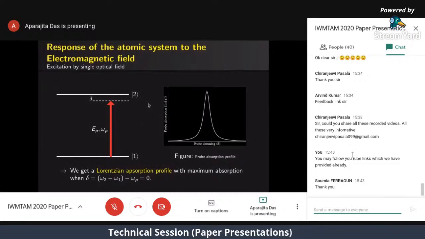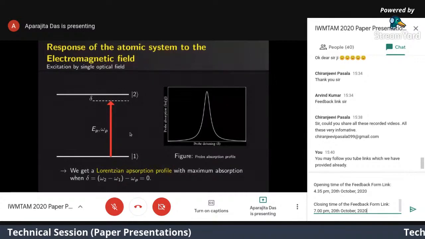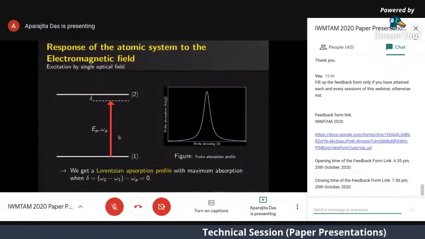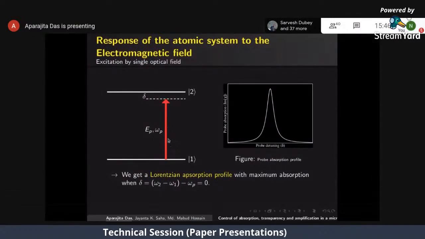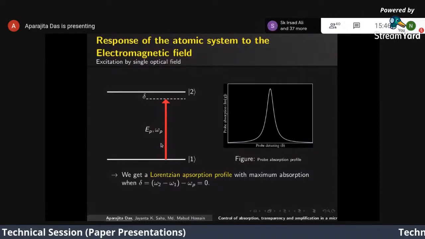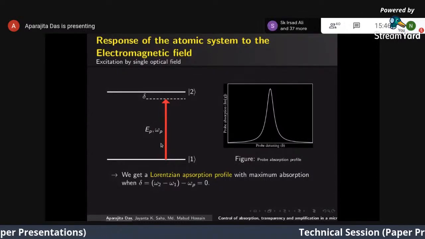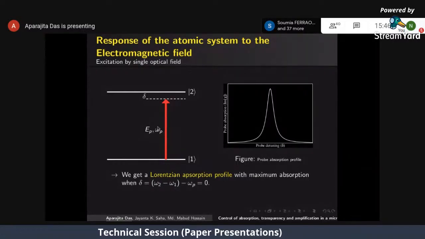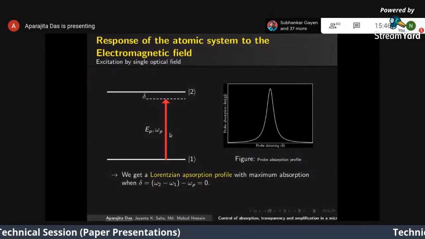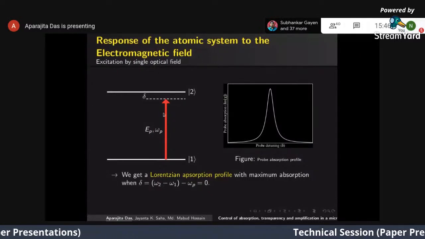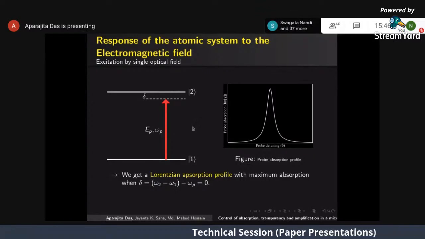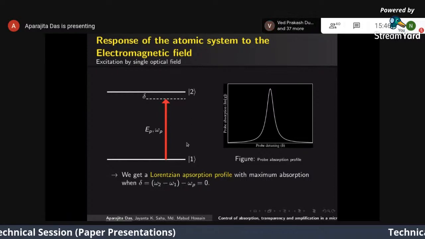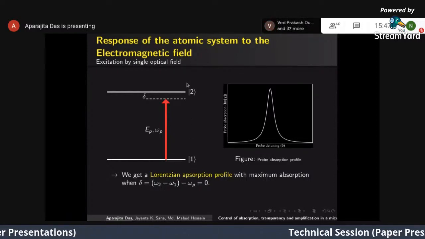We have an electromagnetic field which we can call a probe field, because we are investigating the changes appearing in the system by this field, and we are considering that the circular frequency of that probing field is slightly detuned from the transition frequency between these two electric dipole allowed transitions.